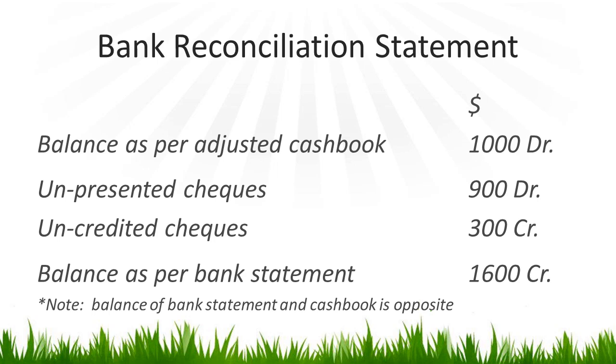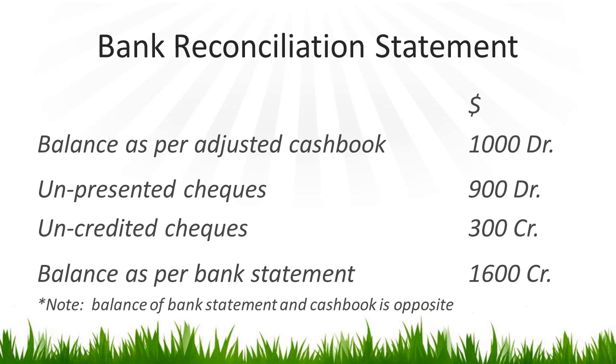It should have been decreased, but it is not decreasing because the checks which were given by the business to the suppliers have not been used to draw the money from the bank. So unpresented checks are debit in nature. If we are starting with the debit balance of adjusted cash book, unpresented checks are going to be added because they have a debit balance as well.